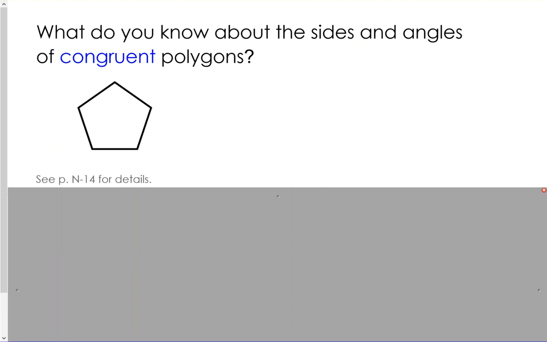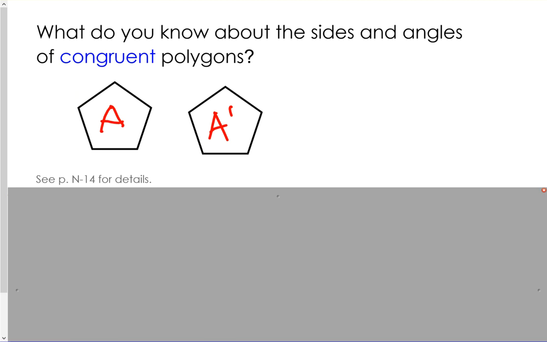Let's review congruence. What do you know about the sides and angles of congruent polygons? Record your answers on your whiteboard. One thing congruent polygons have in common is that they are the same size and shape. We could label our first polygon A and our next one A prime.